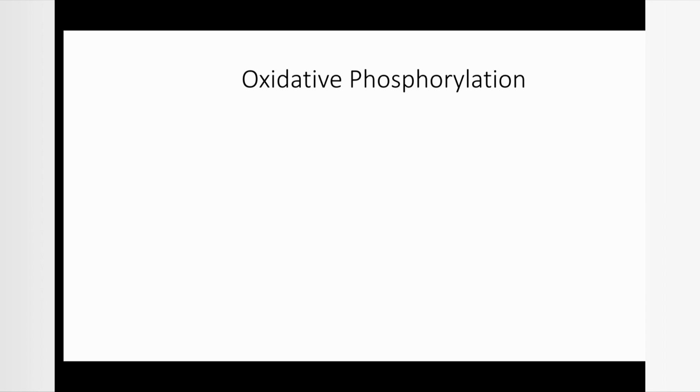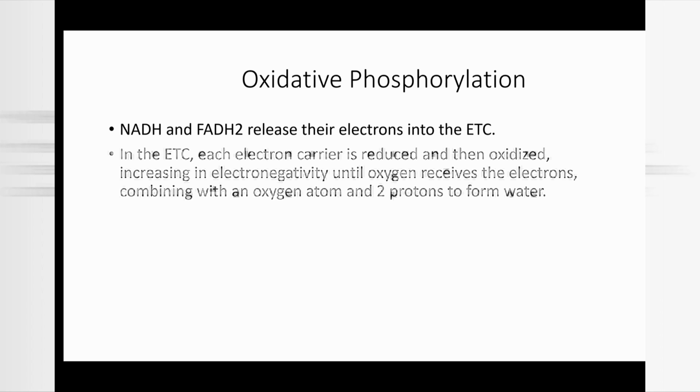Alright, so let's move on to the final step of oxidative phosphorylation, also known as the electron transport chain. So what happens here is that the NADH and the FADH2 are going to release their electrons into the ETC. This is going to regenerate NAD+ and FAD+.